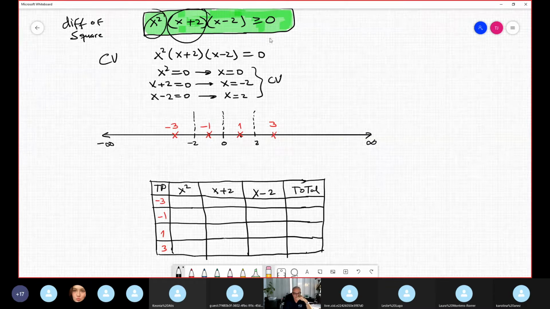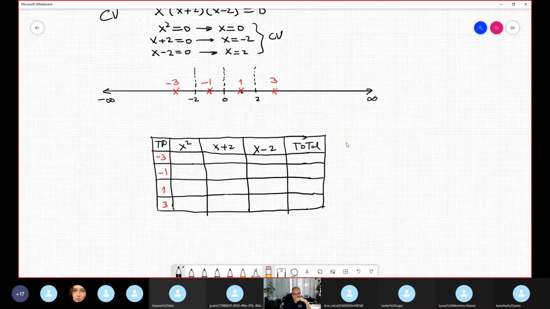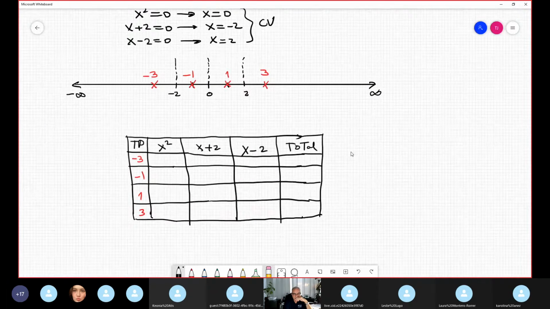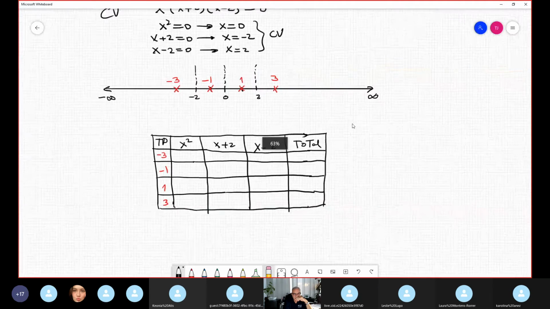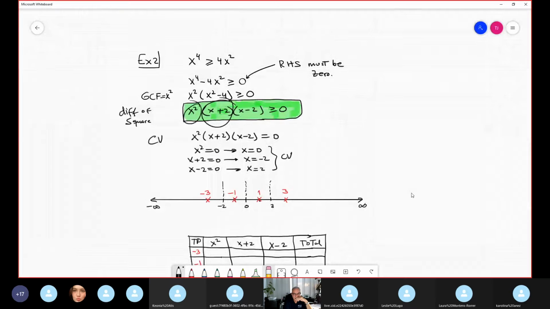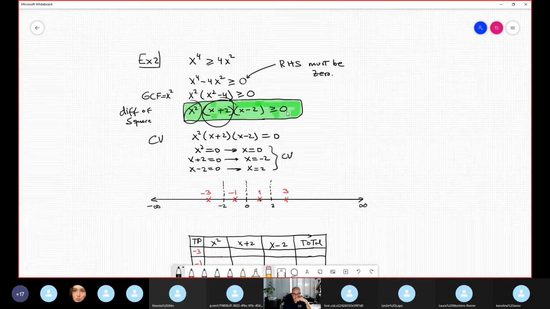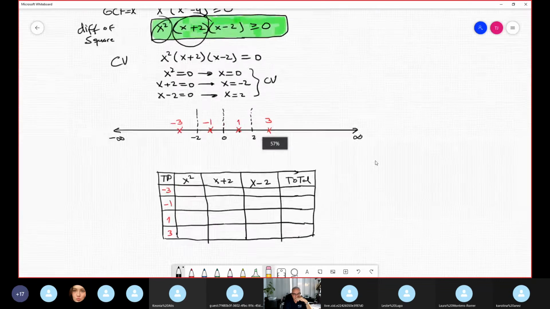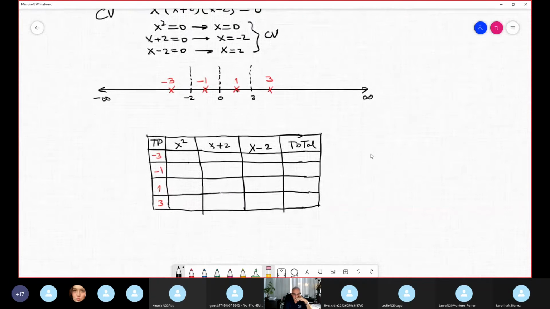Okay, ready. Now I bring this example intentionally because it gives me some new information. The first new information is that you shouldn't expect the right hand side to be 0 automatically after the original problem. Number two, pay attention, it's important. The first column, the column of x squared, regardless of whether the number is positive or negative, should always be positive.